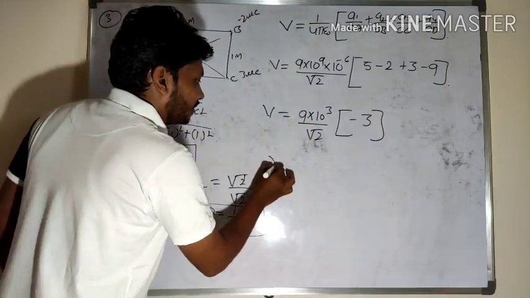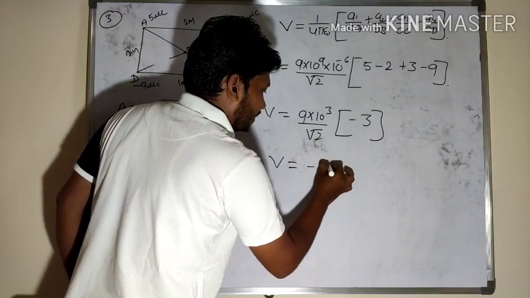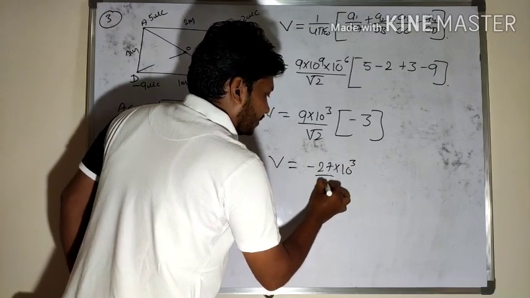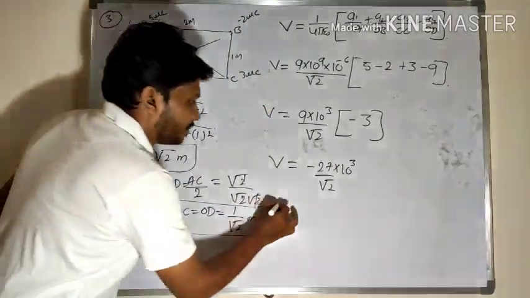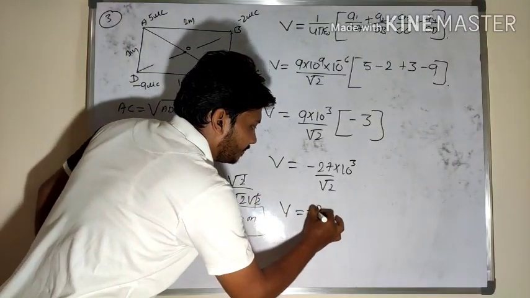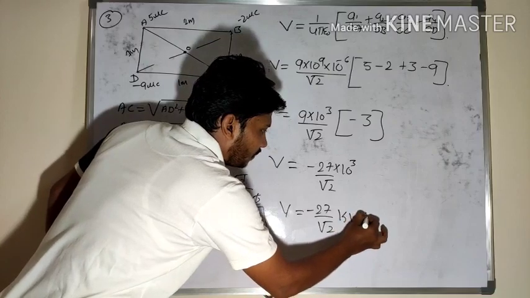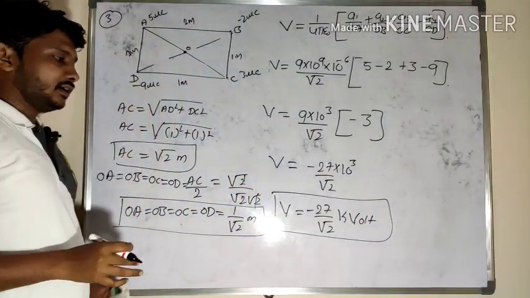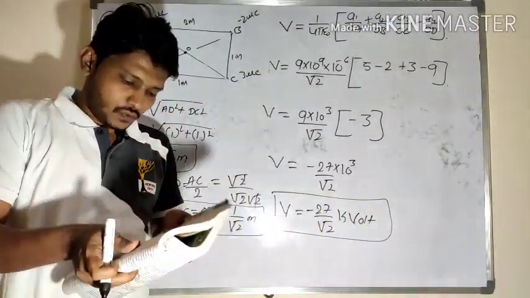So what's the answer? 9 into 3 is 27, so minus 27 into 10 to the power of 3 divided by root 2. 10 to the power of 3, I take it as a kilo, so minus 27 divided by root 2 kilovolt. Potential at the center of the diagonal, V is equal to minus 27 divided by root 2 kilovolt here.